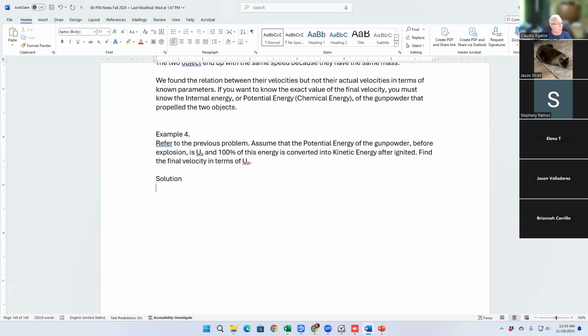So now we have a combination of conservation of momentum and conservation of energy. Momentum before and after is conserved. Energy before and after is conserved. The initial kinetic energy is 0.